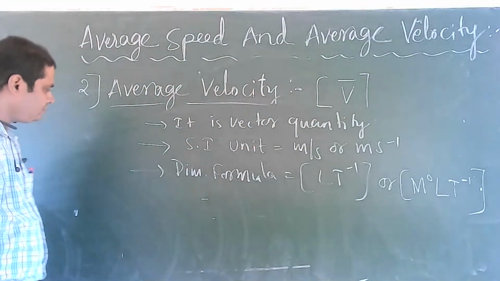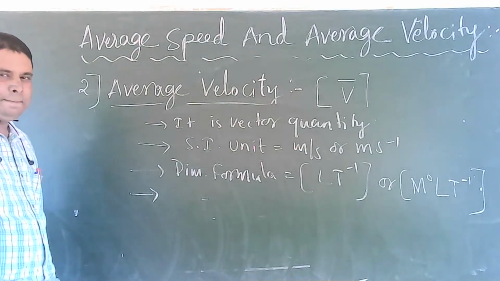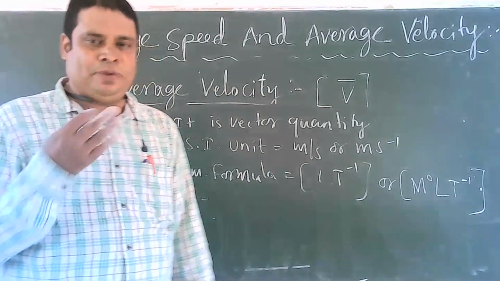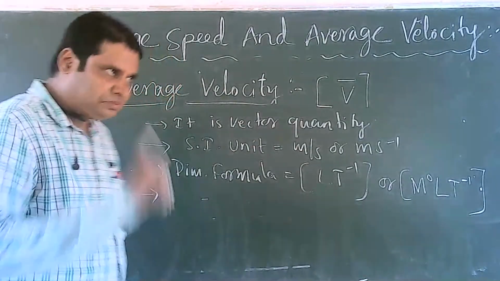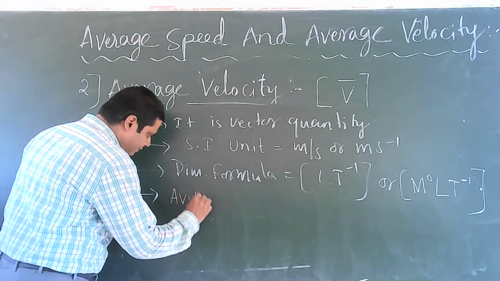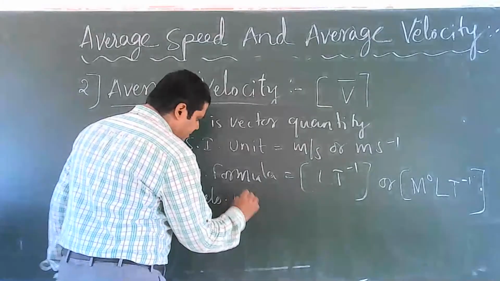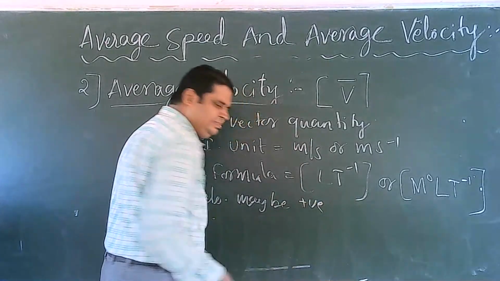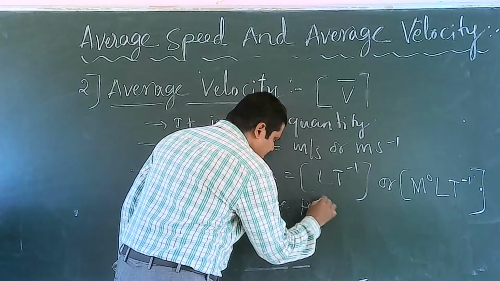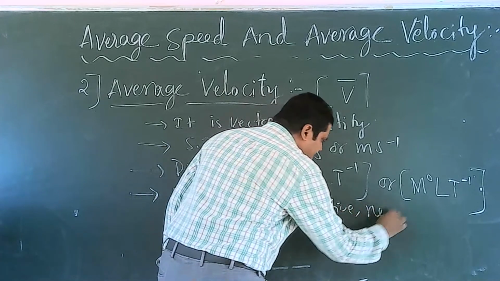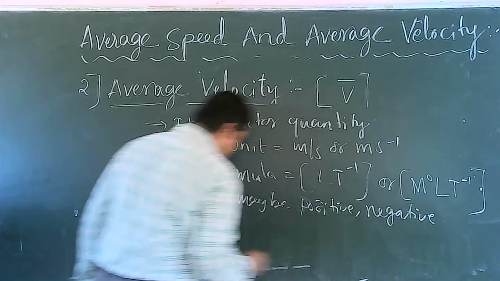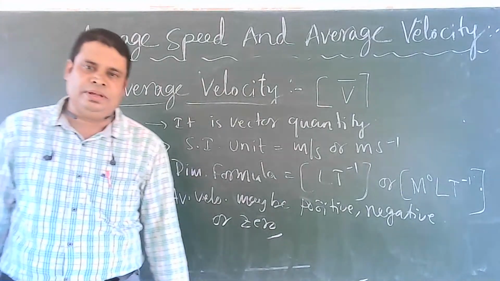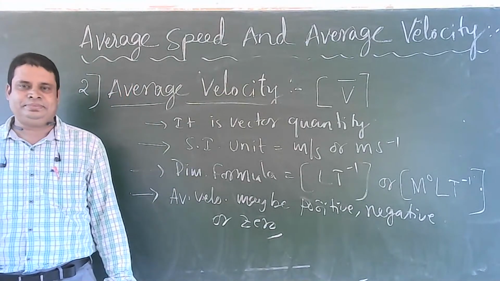One more point I want to add: as your displacement may be negative, positive, or zero, your average velocity will also be positive, negative, or zero.